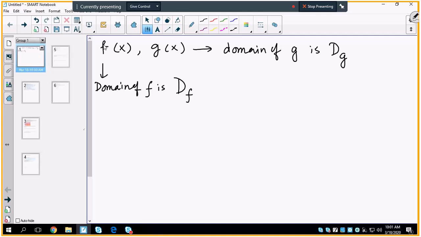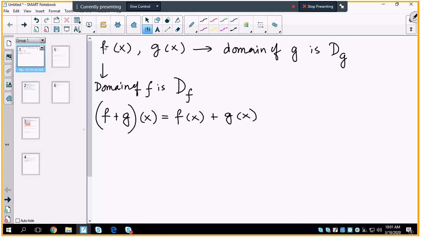As I said, we have to be careful how much the domain of these two functions lets us do these things. For example, if you are trying to add two functions, f plus g, then by definition you look at your function f(x), then look at your function g(x), and add them, and you get the function f plus g.